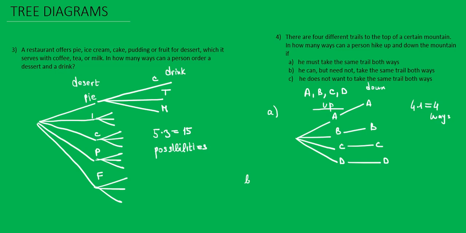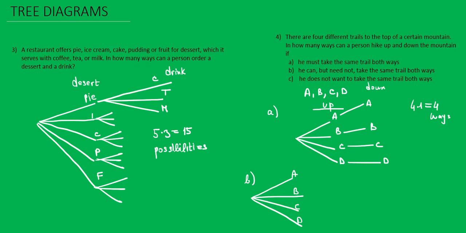In B, he can but need not take the same trail both ways. Again, there are 4 possibilities for the step 1.